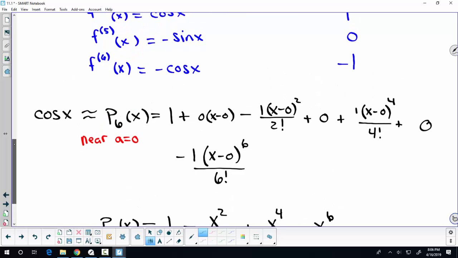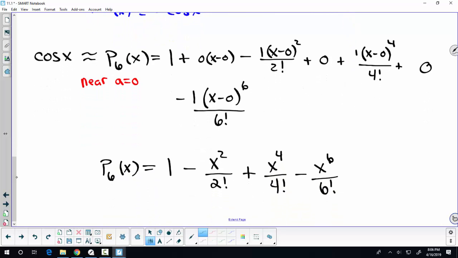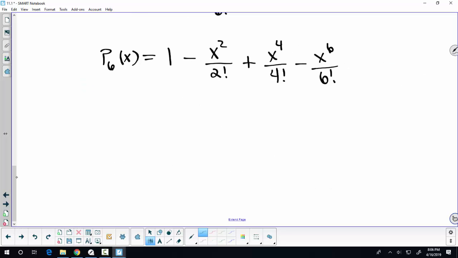And then we're approximating cosine of 0.1. Again, this is approximately cosine of x. And so the cosine of 0.1 is approximately p sub 6 at 0.1.